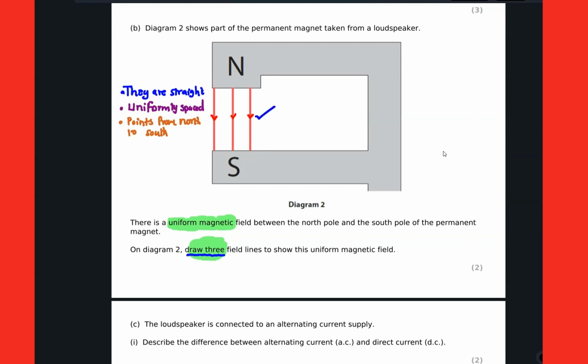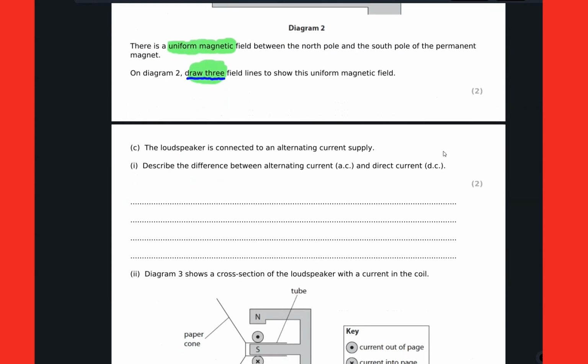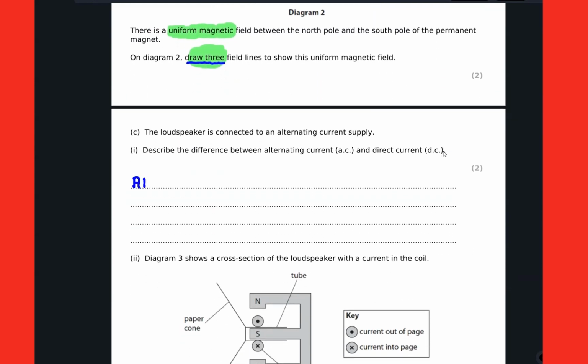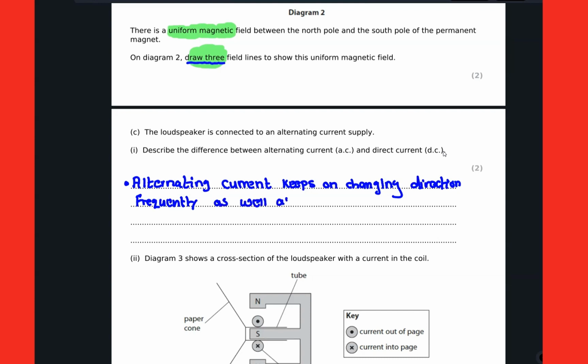Now, we need to move to the next part, where we are told to describe the difference between alternating current and direct current. When current keeps on flowing in such a manner that it keeps on changing direction and also size frequently, this is a type of current which we call alternating current, or AC.